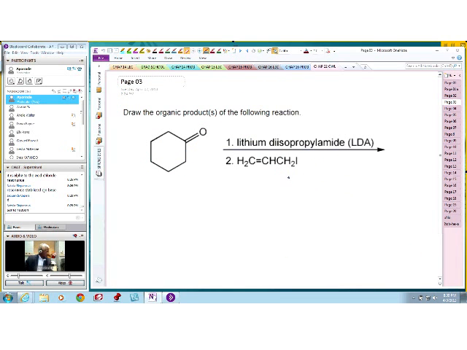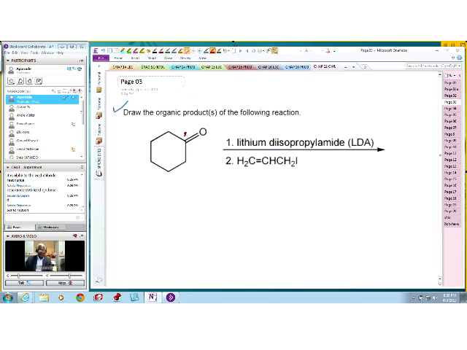This should be fairly easy. Jaconda, read this question for us. Draw the organic product or products of the following reaction. Thank you, and very good. We are using LDA, and then we have cyclohexanone.